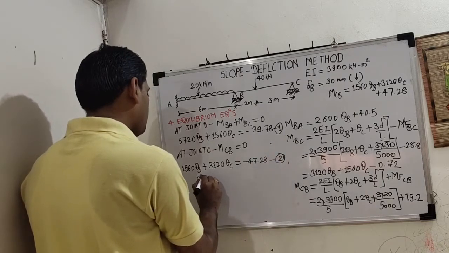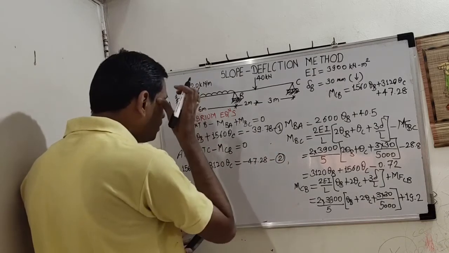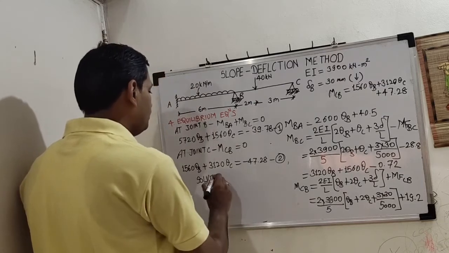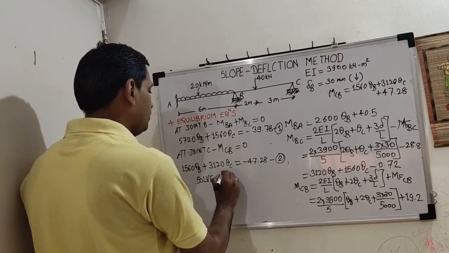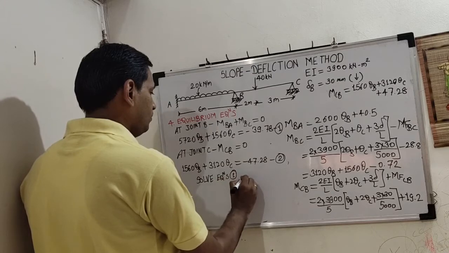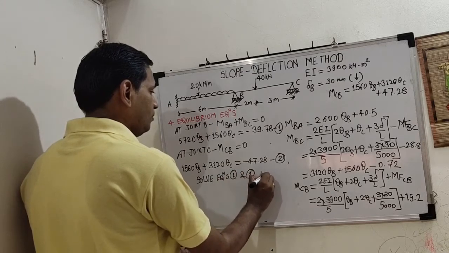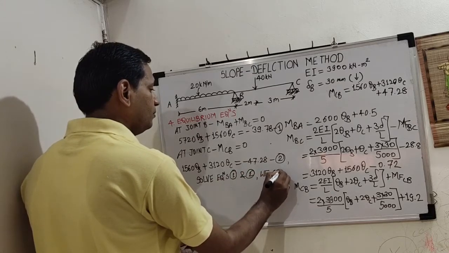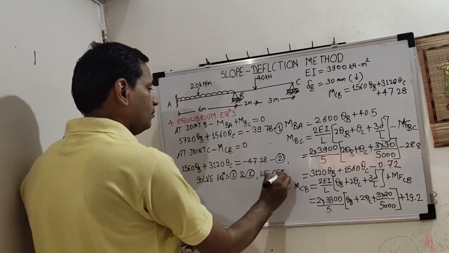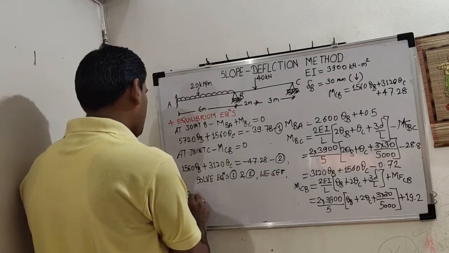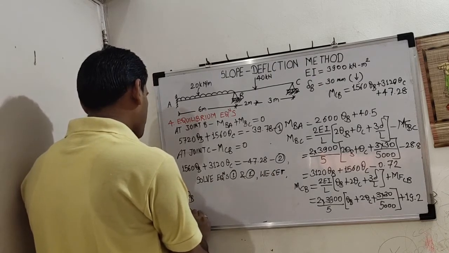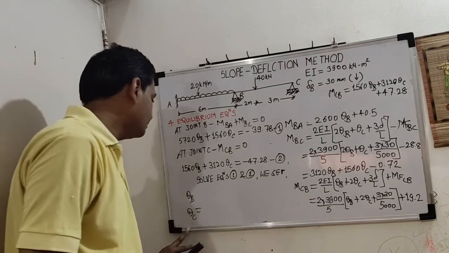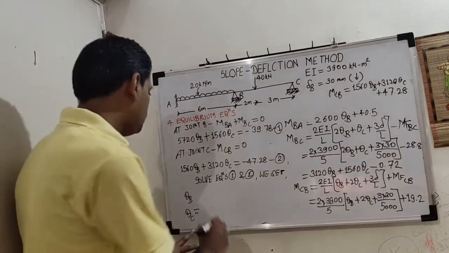So solve equations 1 and 2. We get theta B and theta C. Okay, so what is theta B?